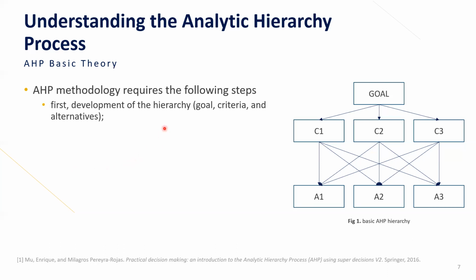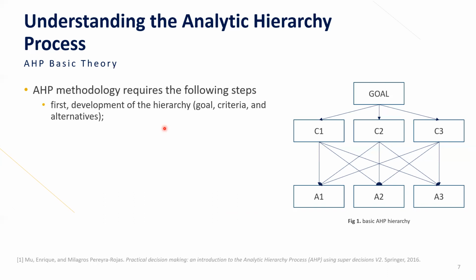Okay, now we go to the AHP basic theory. As I mentioned earlier, the analytic hierarchy process means you will use a hierarchical process to do your analytics. So first, for AHP, you need to develop a hierarchy.